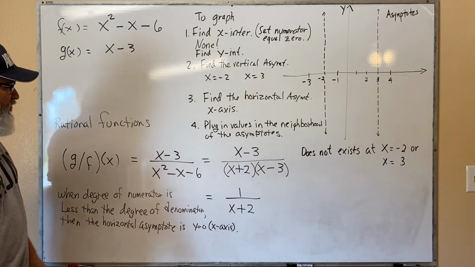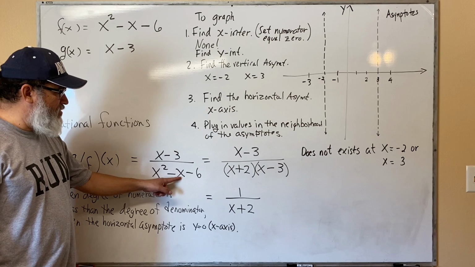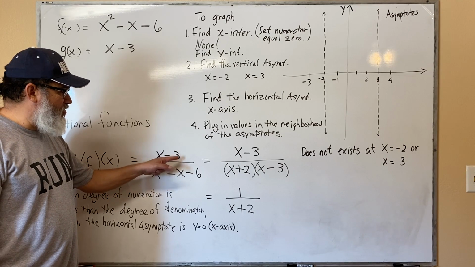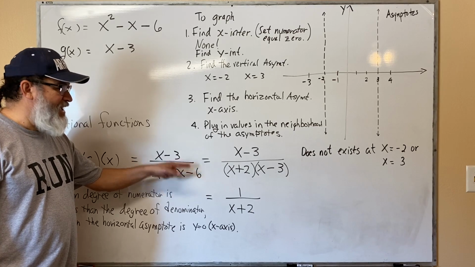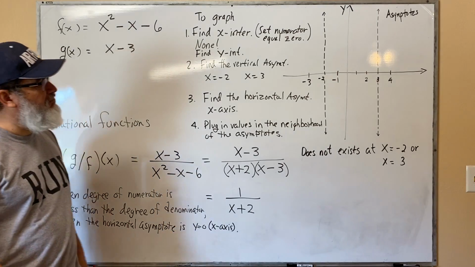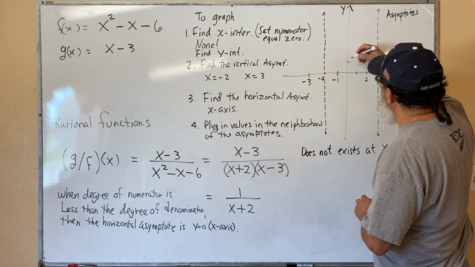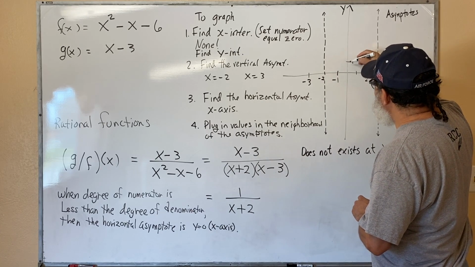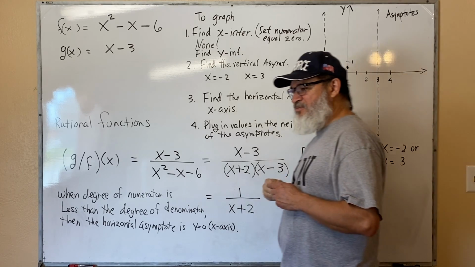Okay. How do you find the y-intercept? Let x be 0. And that's -3 over -6. -3 over -6 is half. This is 1. This is half. That's the y-intercept right there.